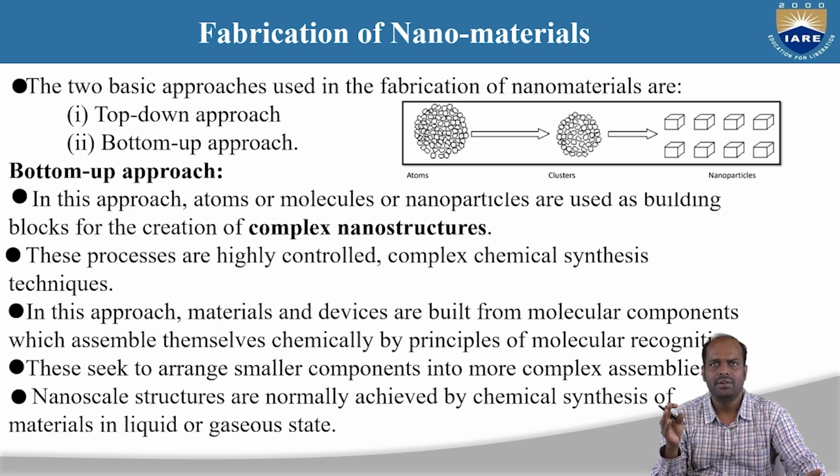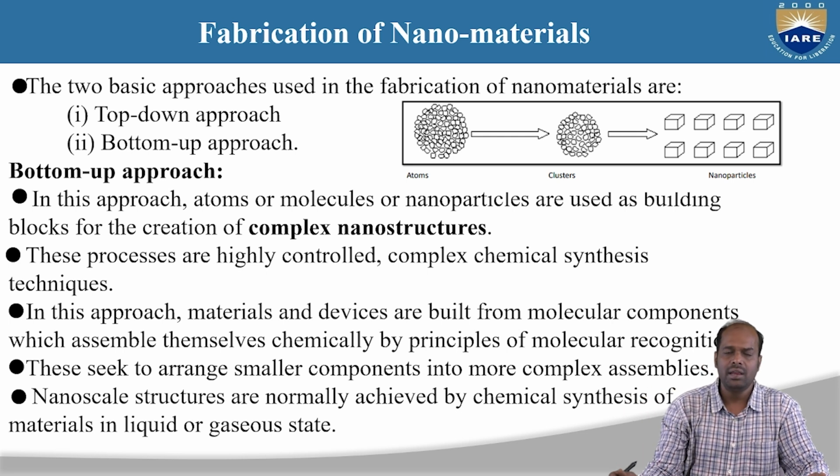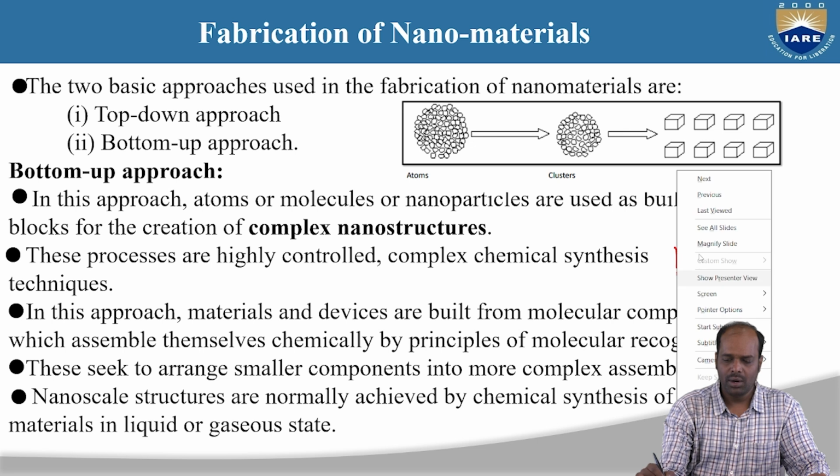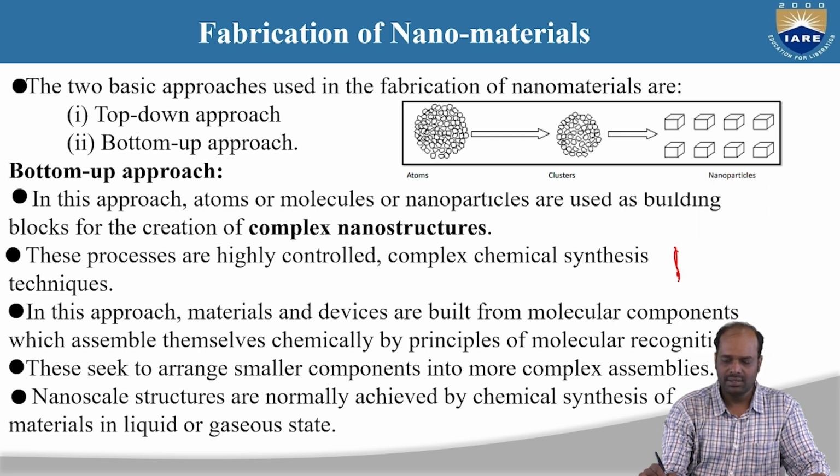These are taken in atom form and become a cluster, and the cluster becomes a nanoparticle. You are preparing the compound by yourself. Suppose lithium cobalt oxide: we take lithium nitrate and cobalt acetate, or cobalt nitrate, to synthesize the lithium cobalt oxide.